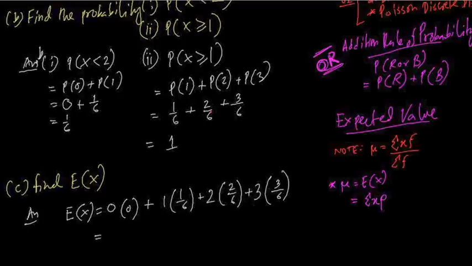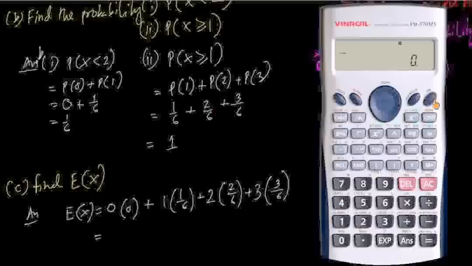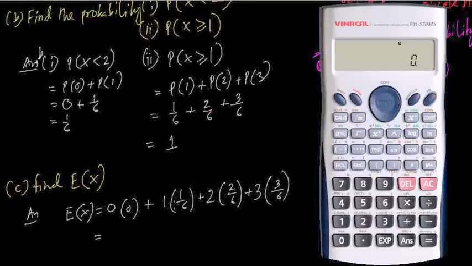So let me bring out the calculator. Remember, when we use brackets and addition and subtraction and multiplication, it is really unnecessary because the calculator understands it very well. The only thing the calculator finds difficult to understand is division. So we can just go ahead and do this. 1 into 1 by 6 is 1 by 6.